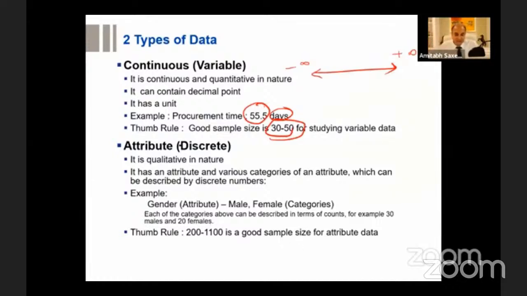And if you are dealing with attribute data, 200 to 1,100 samples is good enough. When you join my black belt session, I will tell you where these numbers come from. There is a formula. We derive that formula. In fact, we learn about the central limit theorem, and we create a sample size formula also. When you derive the formula, you will get the confidence that 30 samples can talk about millions.